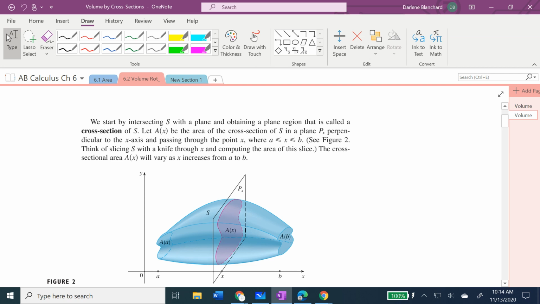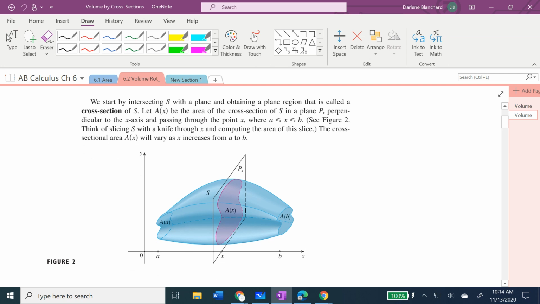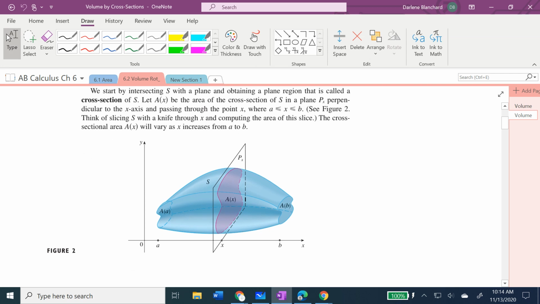So what you want to realize is you're going to have cross sections perpendicular to, in this picture, the x-axis. There just has to be some formula for the area of that cross section.